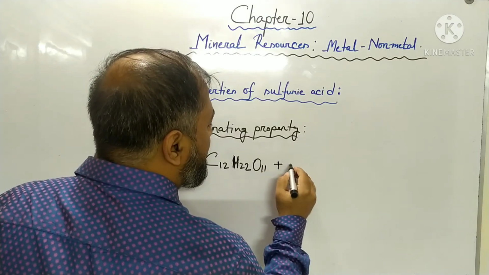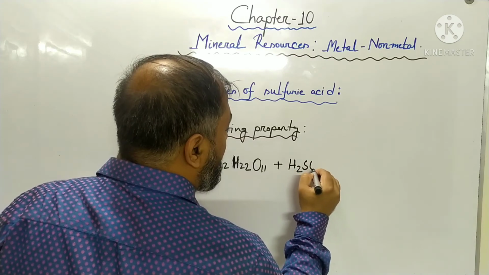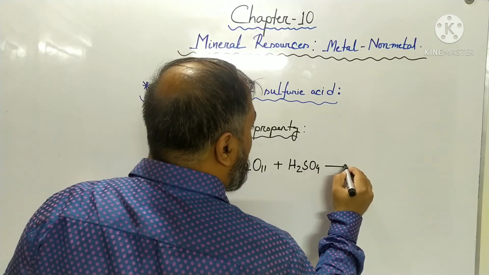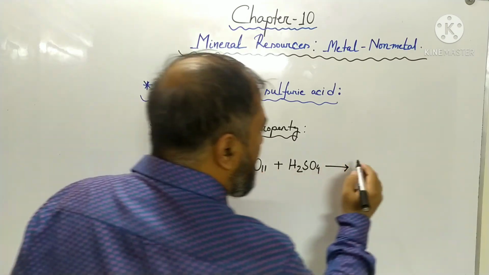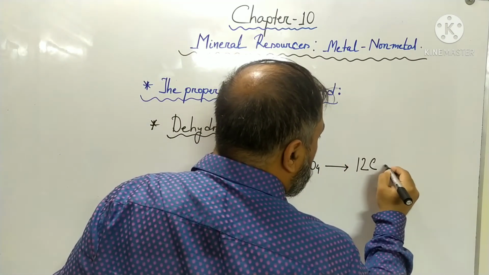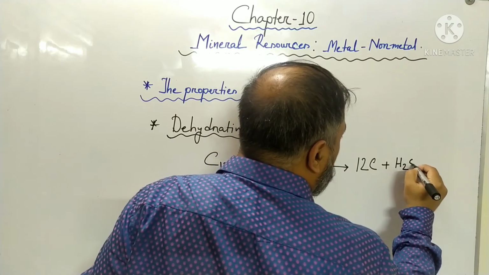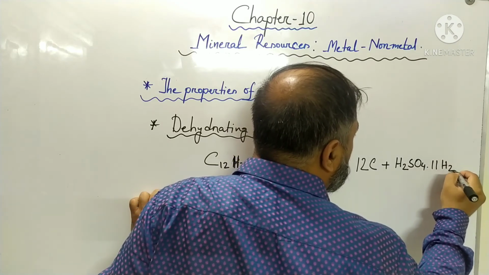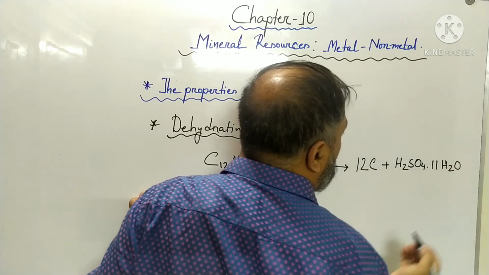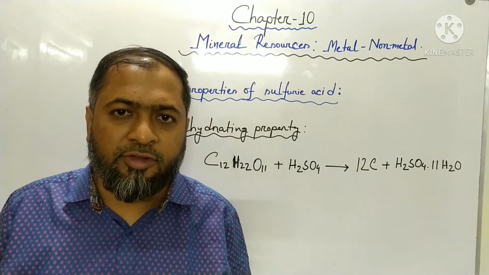When we add sulfuric acid to sugar, it turns sugar into carbon. After adding the sulfuric acid to the sugar, 12 carbon atoms will be released and sulfuric acid absorbs 11 water molecules from a sugar molecule. So this is the dehydrating property of sulfuric acid.